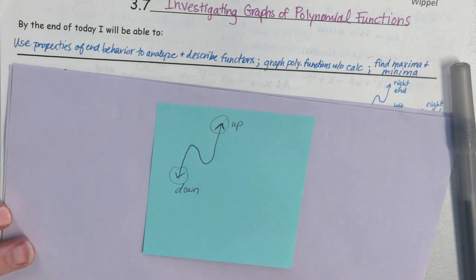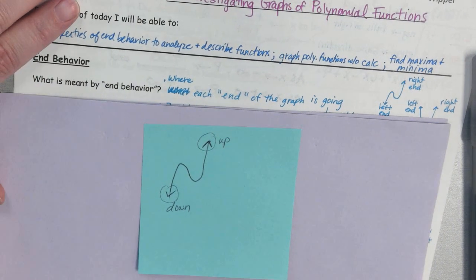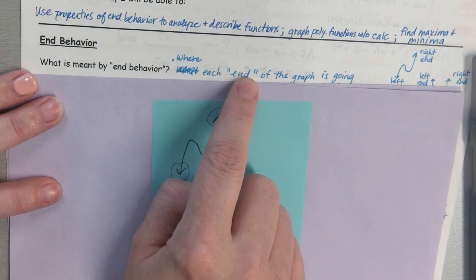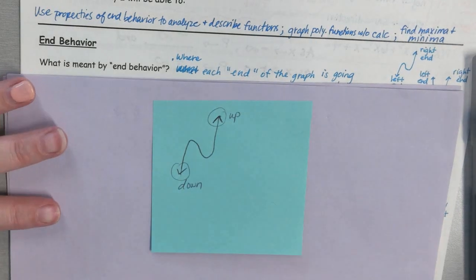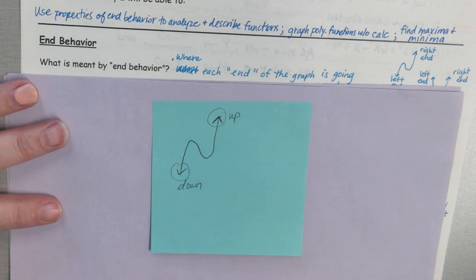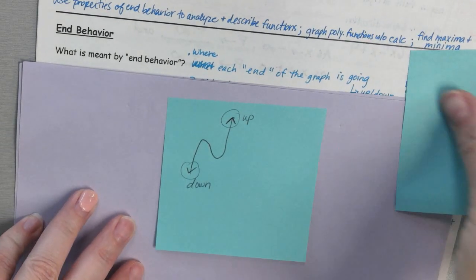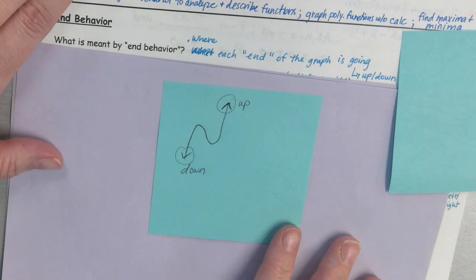So when you're describing the end behavior, what it's talking about is where each end of the graph is going. That is going to be an up-down type of answer.